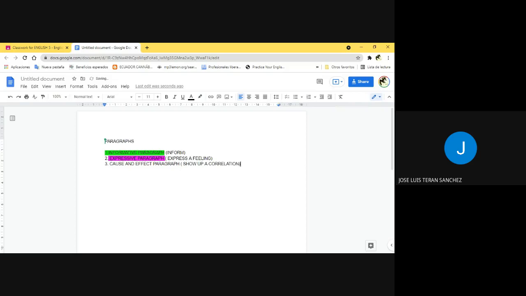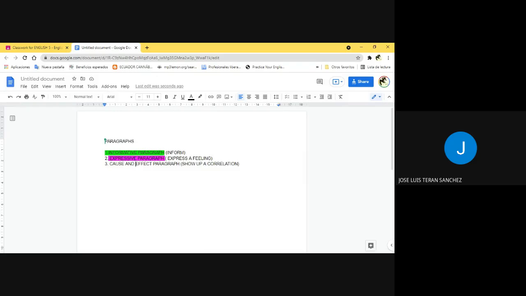That's why this third type of paragraph is really common if you are describing something scientific, but it could also be common in other contexts. The most common use is essentially science. When you are writing a scientific paragraph, a thesis, or an academic essay, you are going to use mostly cause and effect paragraphs, because you're going to show first the cause of something, and then you're going to describe the effect of that cause.